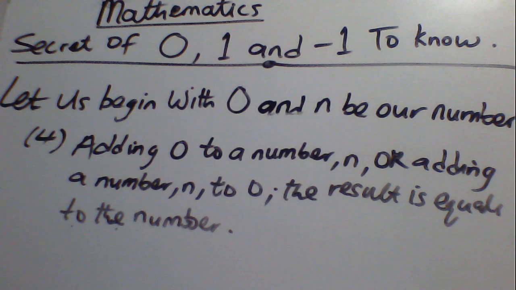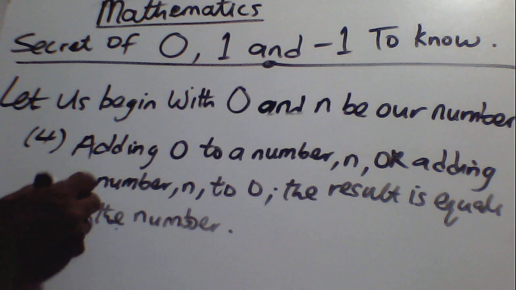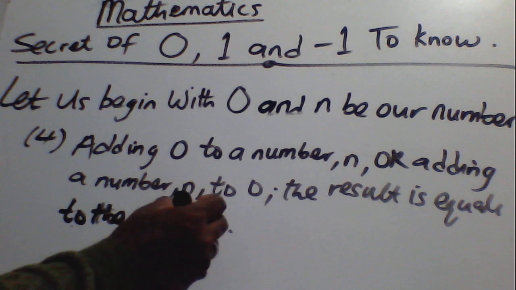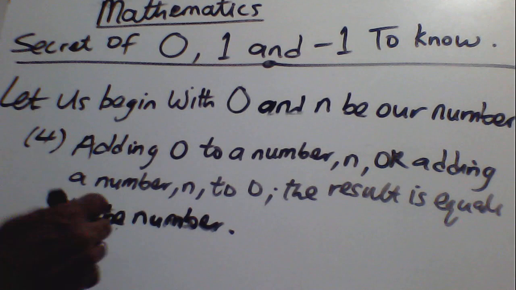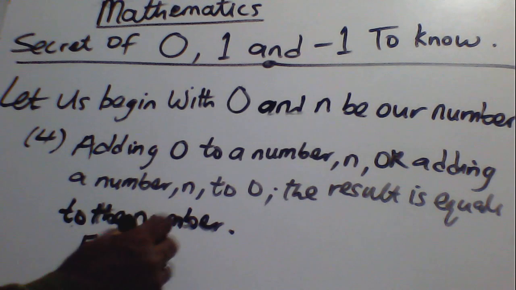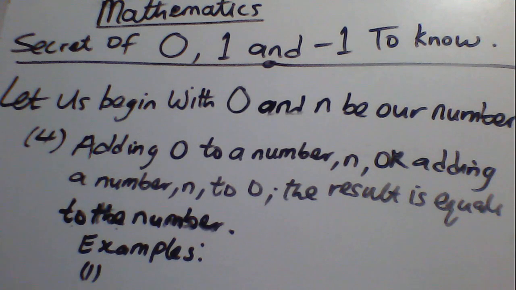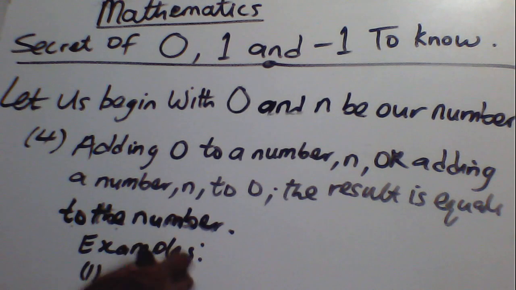If you read the statement, you will understand it. Adding 0 to a number or adding a number to 0, the result is equal to what? Equal to the number. Example 1: 12 plus 0.